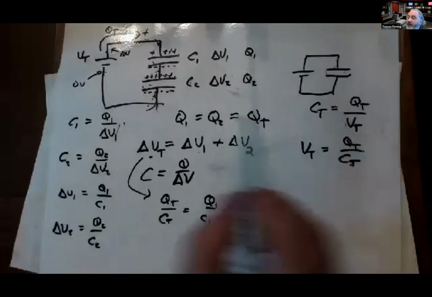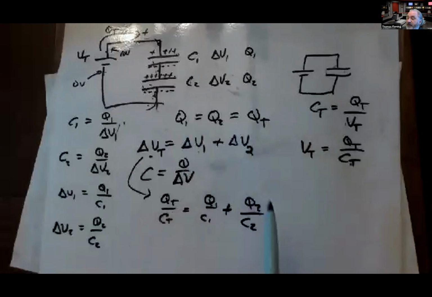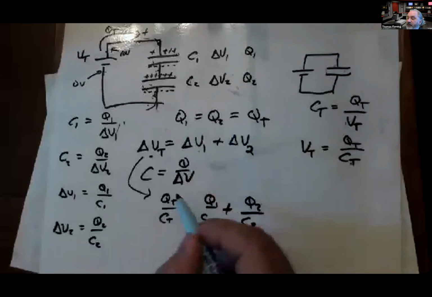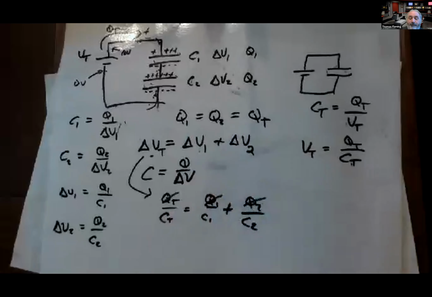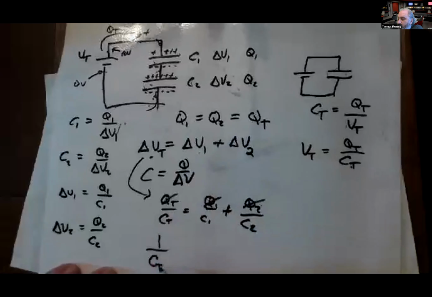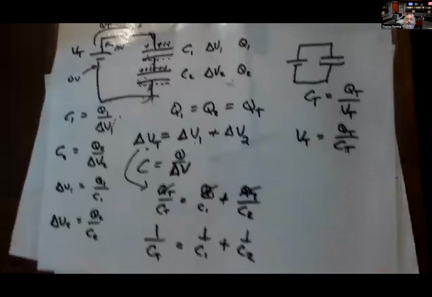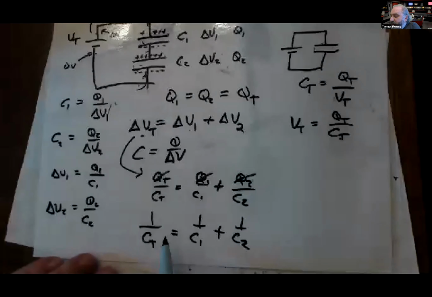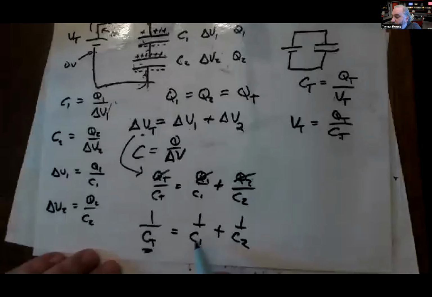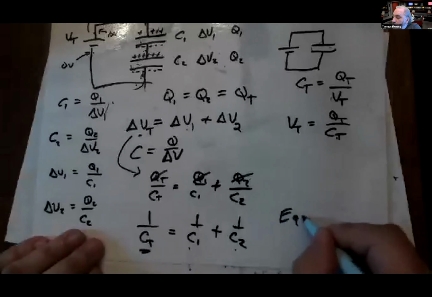However, we set up here that Q1, Q2, and Q total are all the same, which means they all cancel. If they cancel, it leaves behind 1 over C total equals 1 over C1 plus 1 over C2. So this tells me how the equivalent capacitance is related to my individual capacitors. This is my equivalent capacitance rule.